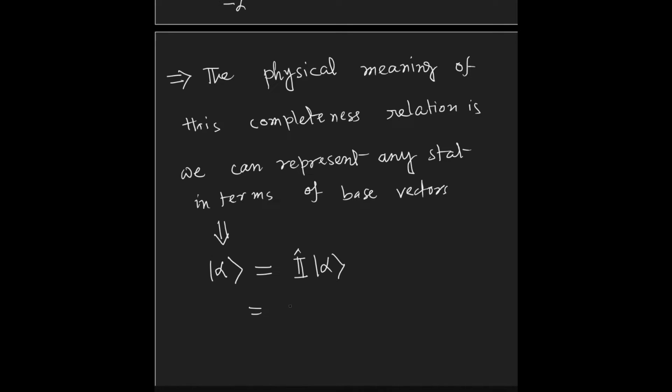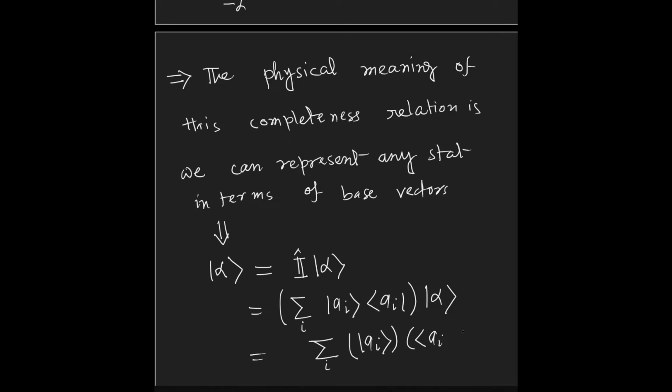Now, as we know, the identity means summation over i of |a_i><a_i|, so that means summation over i of |a_i><a_i|alpha>.